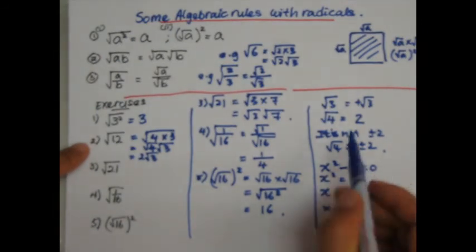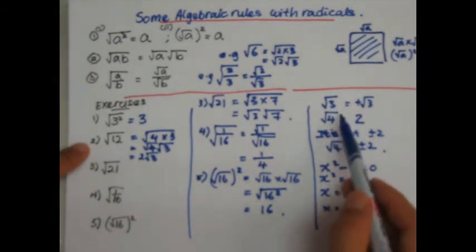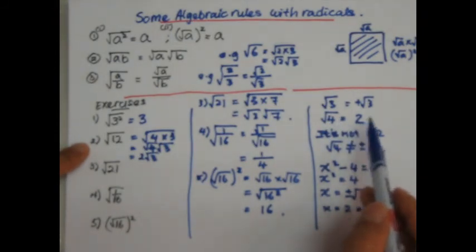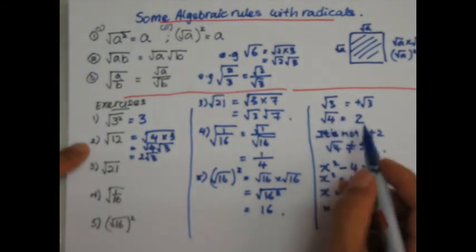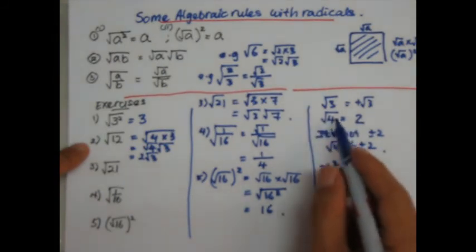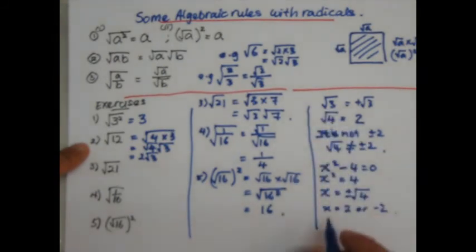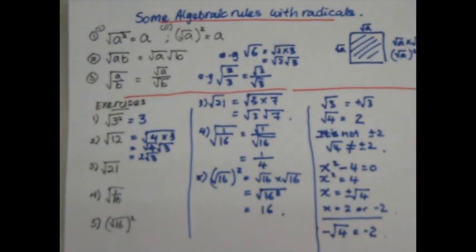By itself, square root of 4 is positive 2. If you want a negative, you have to write a negative in front of the radical, for example negative square root of 4, which is negative 2. So be very careful.